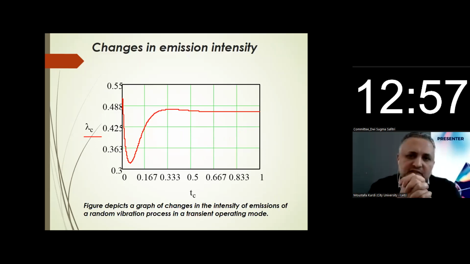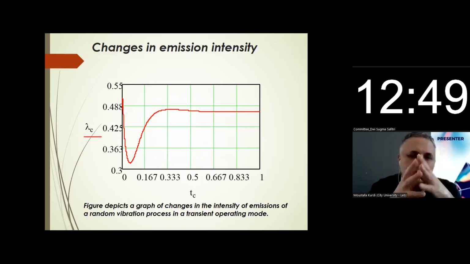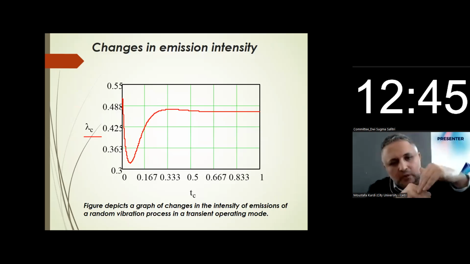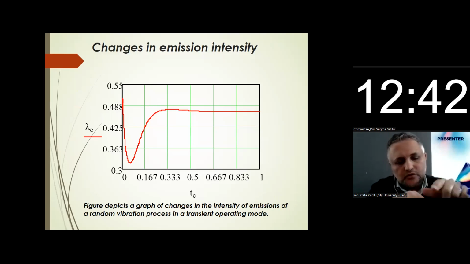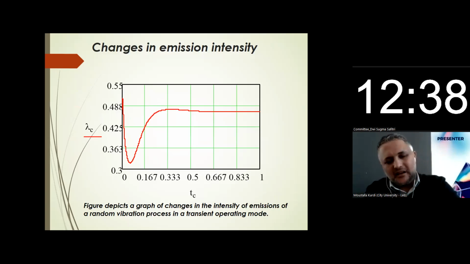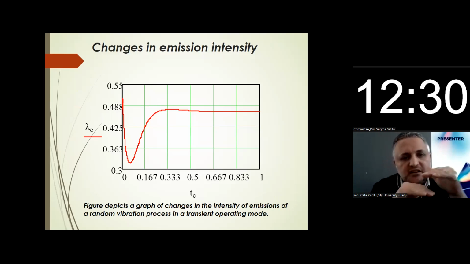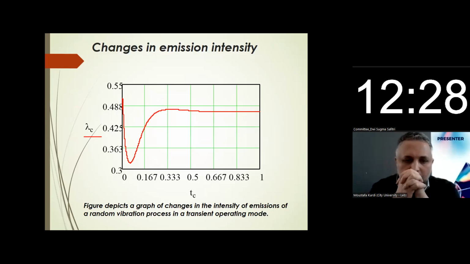The third figure shows our changing emission intensity, starting from about 0.5 at point 0, going down to near 0, and then going up to saturation, a straight line at about 0.7.